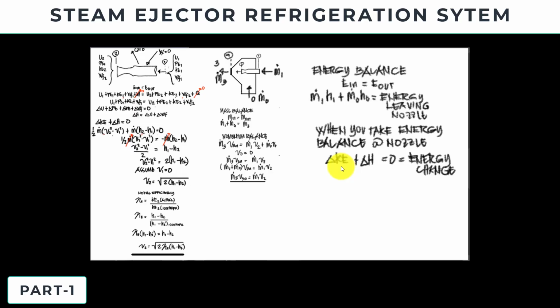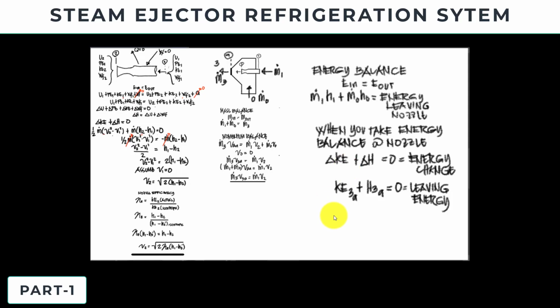Now, since we have the energy leaving the nozzle, that will be kinetic energy 3A plus enthalpy 3A, which is equal to 0, and it is also equal to the leaving energy of our nozzle.